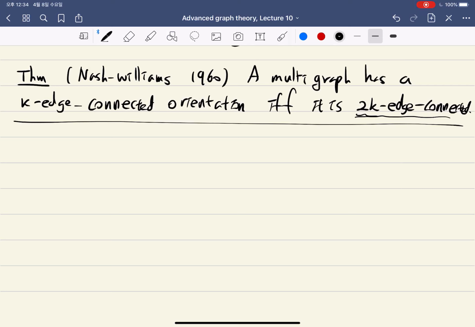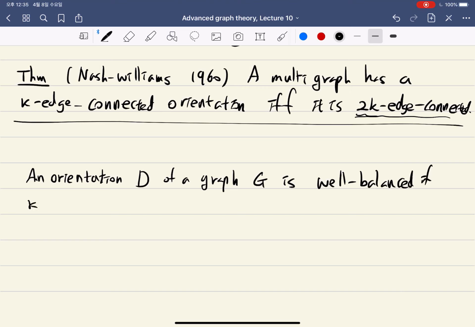He defined that an orientation T of a graph G is well-balanced if the number of edges to delete to make sure that there is no path from x to y is at least κ'_G(x,y) over 2.